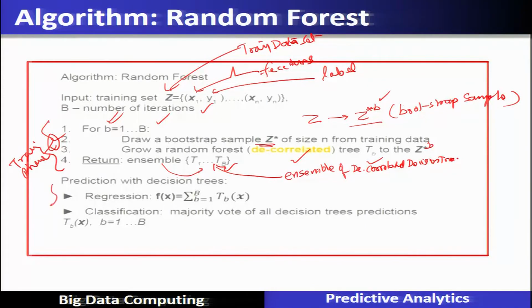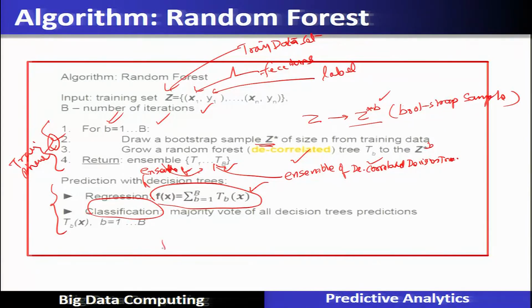Now, this model will be used for the prediction with these ensemble decision trees. If it is regression, then the prediction is nothing but an average of the predictions of all the models. And if it is classification, then the majority vote of all the decision trees will be the prediction.